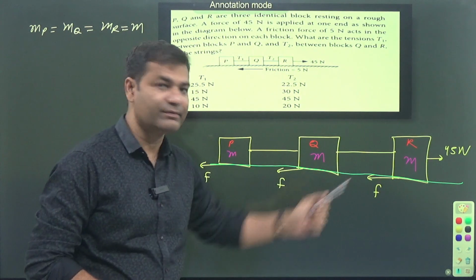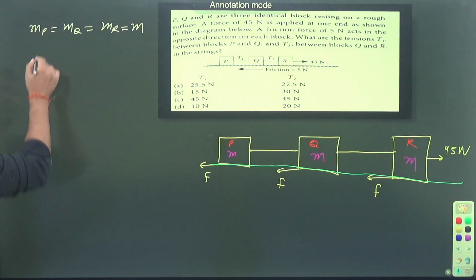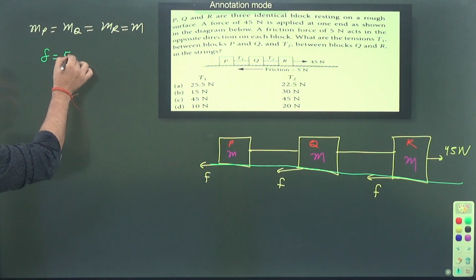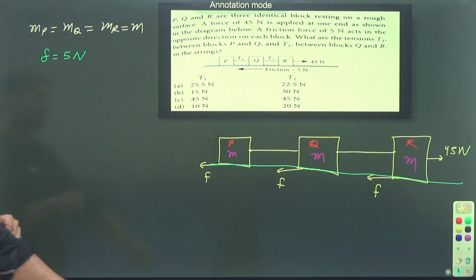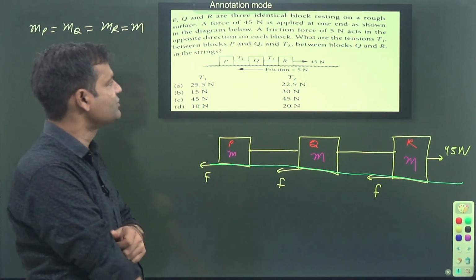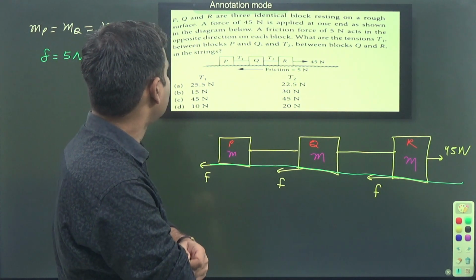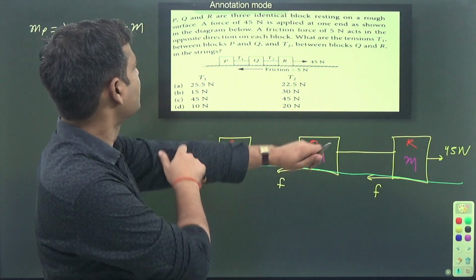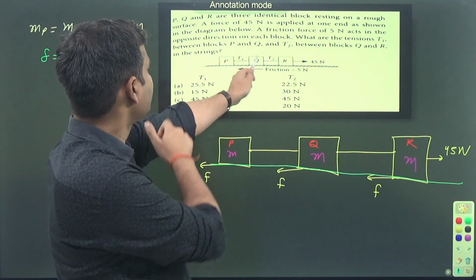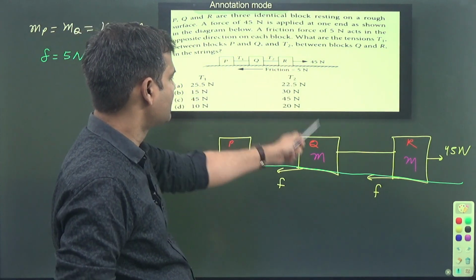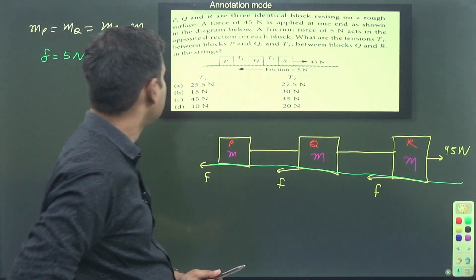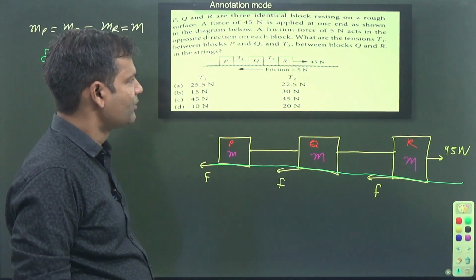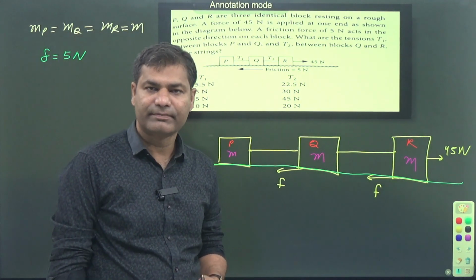F is given, that is 5 Newton on each block. What are the tensions T1 between block P and Q, and T2 between Q and R in the string? Our motto is to determine tensions T1 and T2.